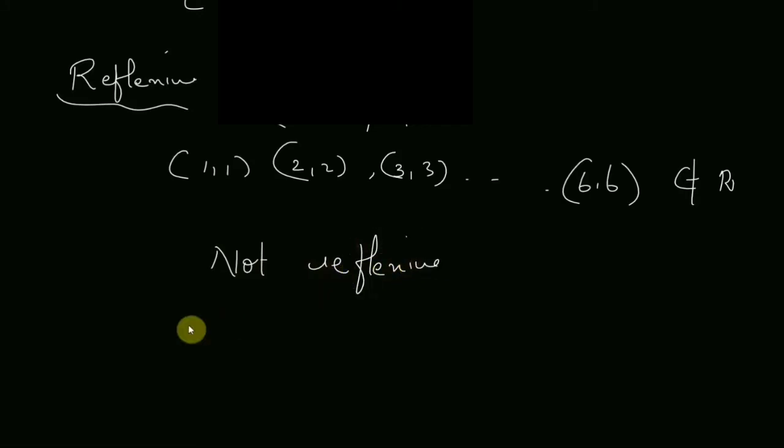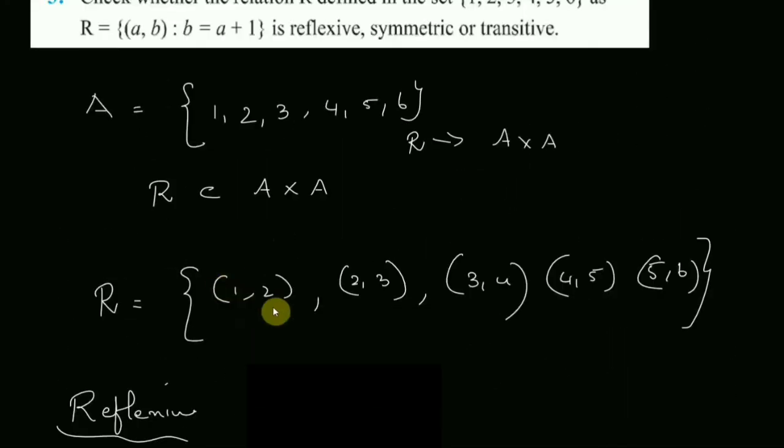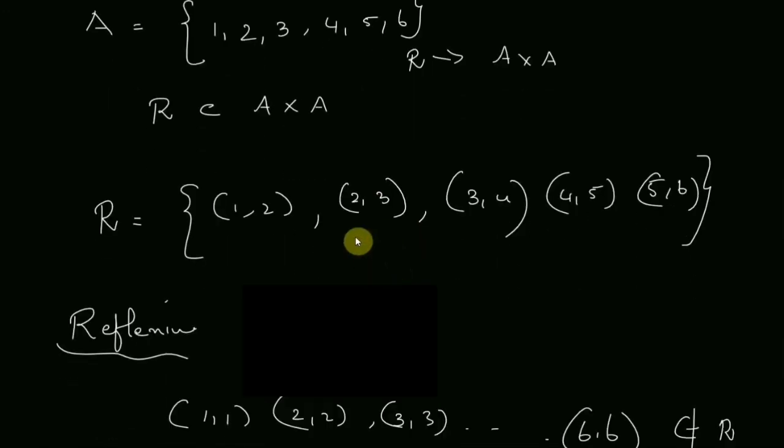Is it symmetric? Now for every ordered pair, suppose I take (1, 2), the reverse pair (2, 1) should be there. It is not there. So we need not check the others, because the reverse pair of (1, 2) is not there.